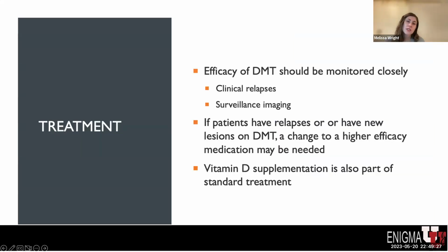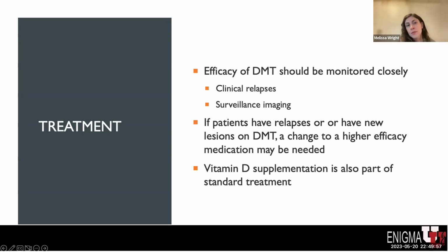The efficacy of disease-modifying therapy should be monitored closely. Of course, clinical relapses help us know if a disease-modifying therapy is effective, if patients are not having clinical relapses. However, most patients with multiple sclerosis, if not adequately treated, will develop lesions that they may not be symptomatic from.